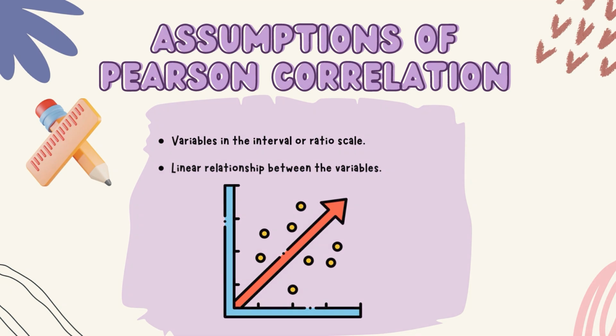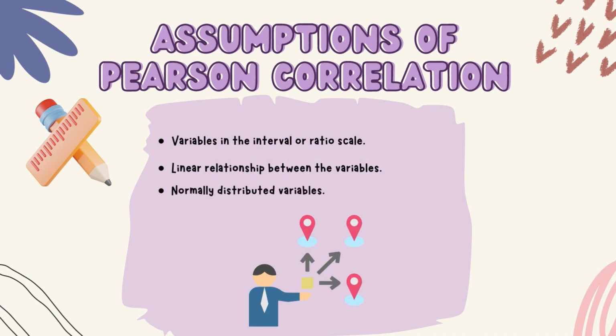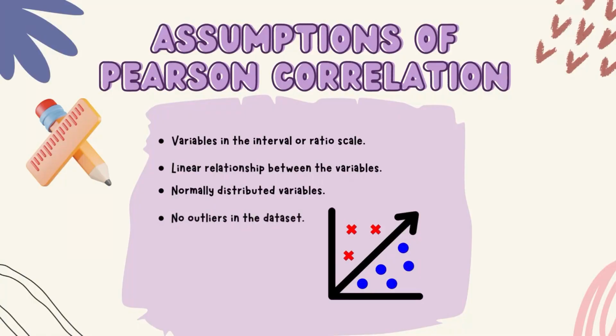When your variables are normally distributed, following the normal curve shape, we can use Pearson correlation. If your data is skewed or any other shape, then we cannot. When there are no outliers, we can use the Pearson correlation. We should try to avoid outliers, or extreme scores which deviate from the other scores, otherwise your Pearson correlation will be either underestimated or overestimated.